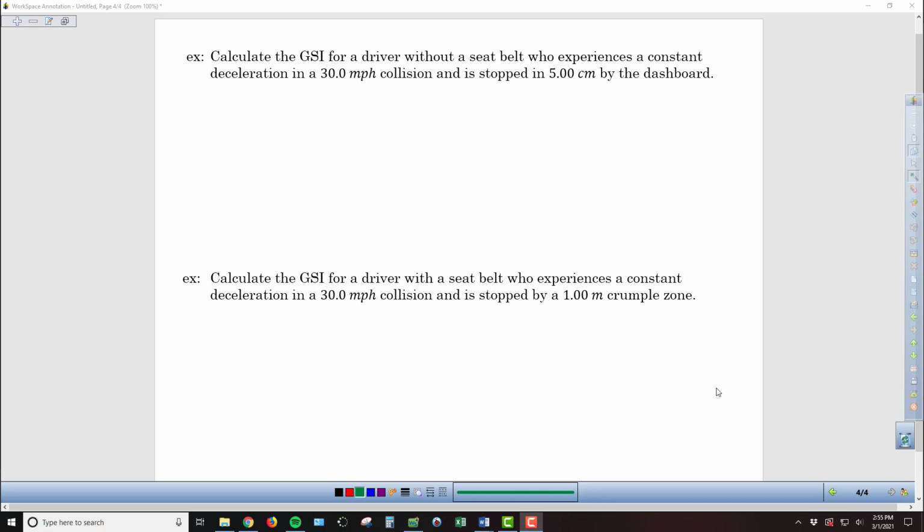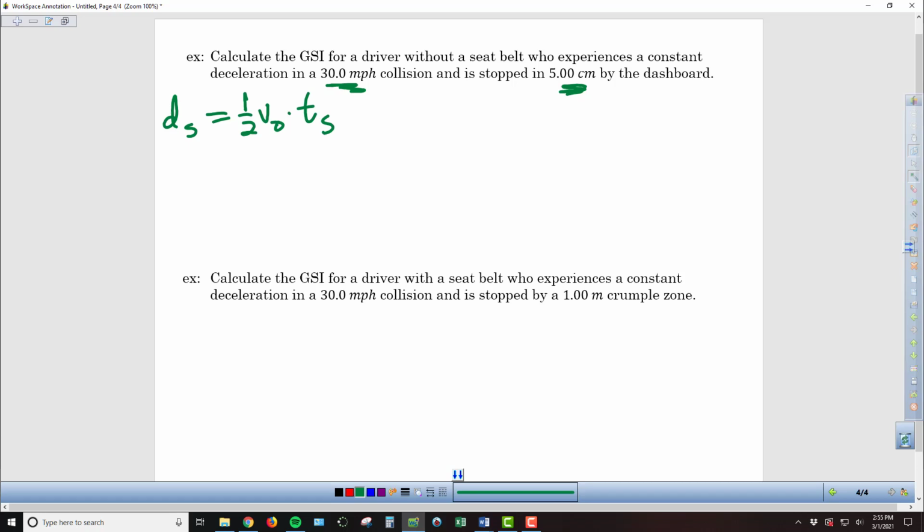For the first one, we have a 30-mile-per-hour collision, as is our standard, and we're stopped in a 5-centimeter distance. As we did earlier, d sub s equals 1/2 times the velocity times the stopping time, so we've got to calculate that stopping time. That's the key here.